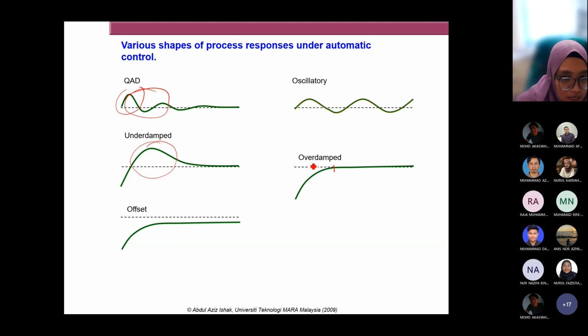It is like overdamped: there is no oscillation and no overshoot, but the response does not reach its set point. The error between the process variable, PV, and the set point, we call it the offset. Do you understand?